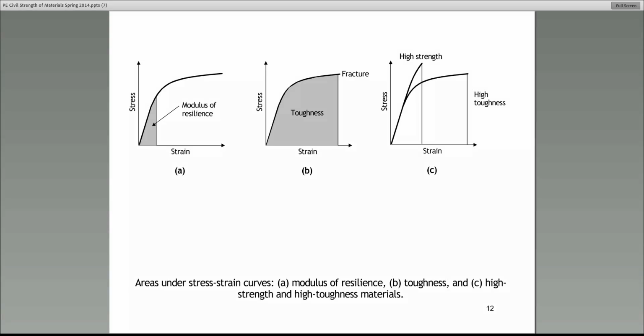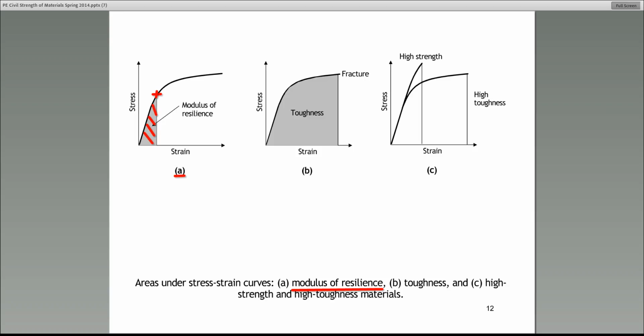Let's move on. For the exam, there is certain terminology I want you to learn. All right? The first one is called modulus of resilience. I'm showing it to you in curve A. Modulus of resilience is simply the area under the stress strain curve up to the yield point.